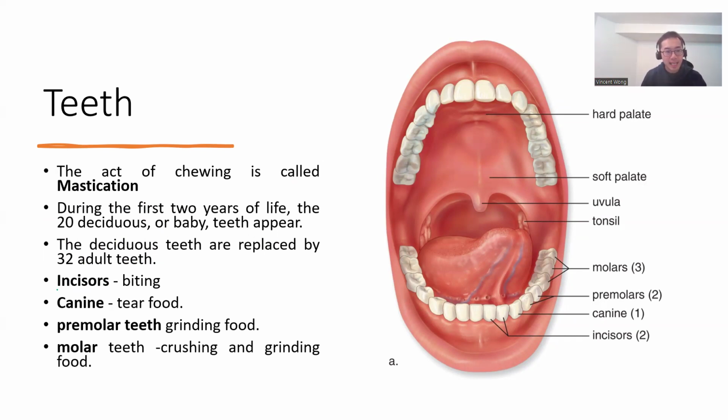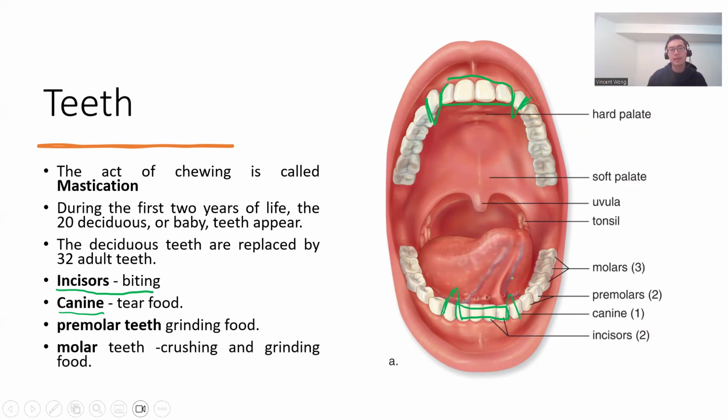We have the incisors at the front, right here. Those are for biting. Okay, biting, incisors. And then we have the canines. The canines are the pointy ones. I mean, it's not that pointy, but in dogs, it's really pointy, right?